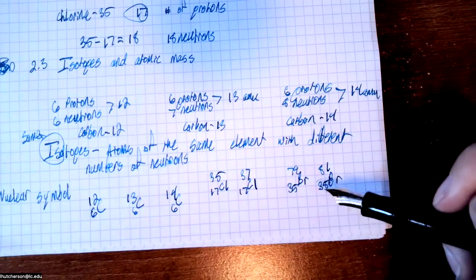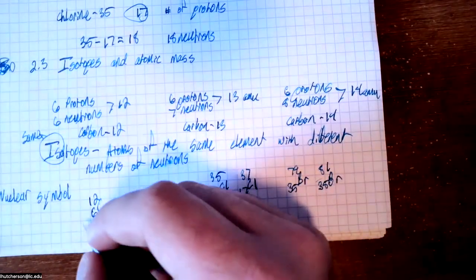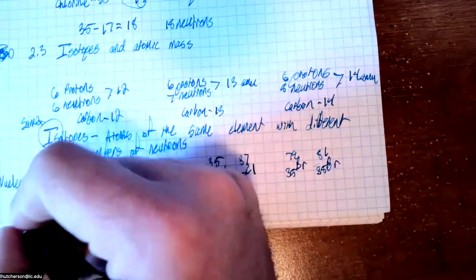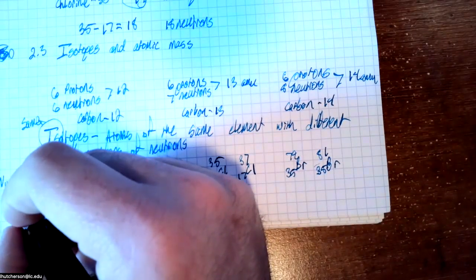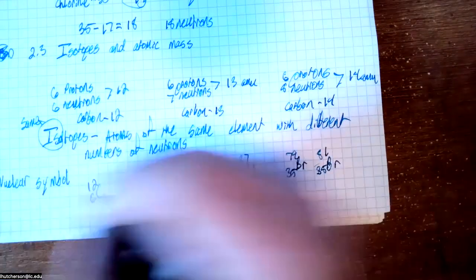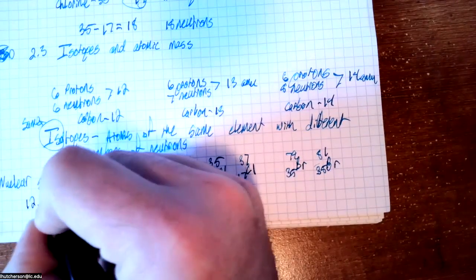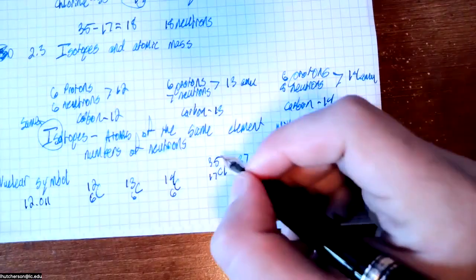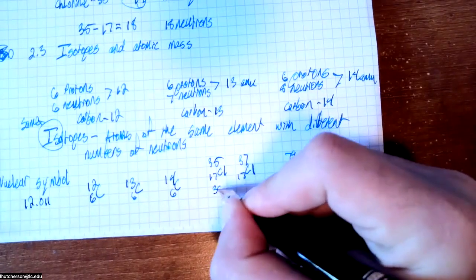All right. So let me also make another point out of all of this. When we looked at the atomic mass on the periodic table, for carbon, it's 12.011. For chlorine, it was 35.45.